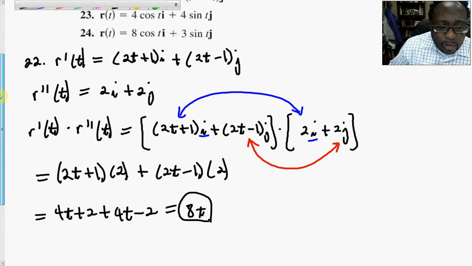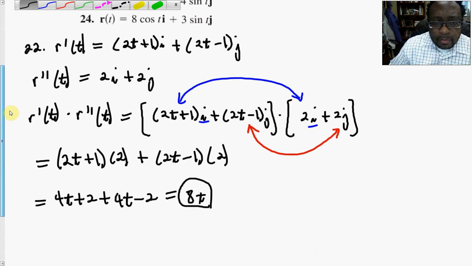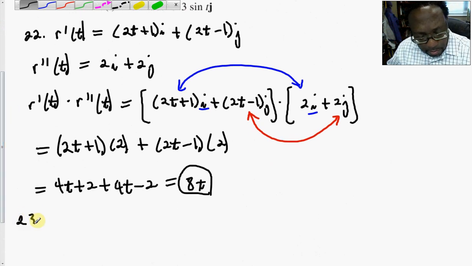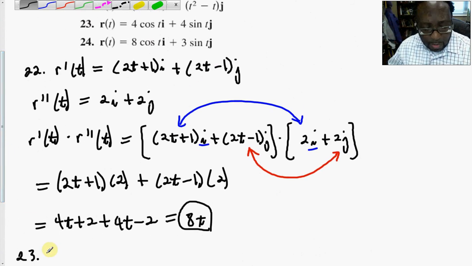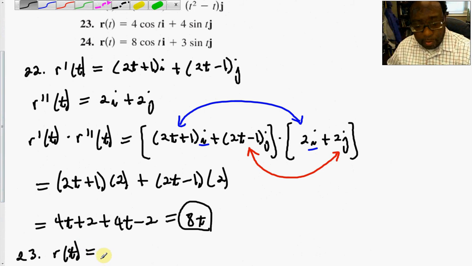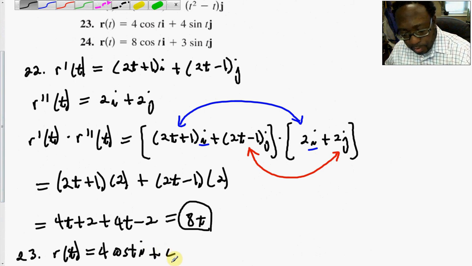Let's do one more here. That was 22, so what about 23? r of t is equal to 4 cosine t i plus 4 sine t j.